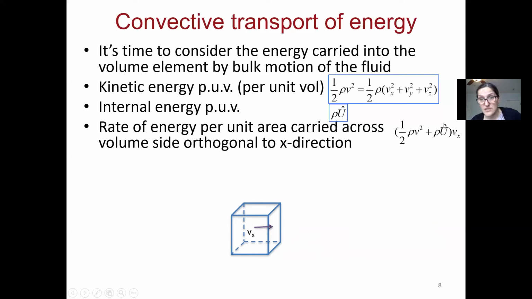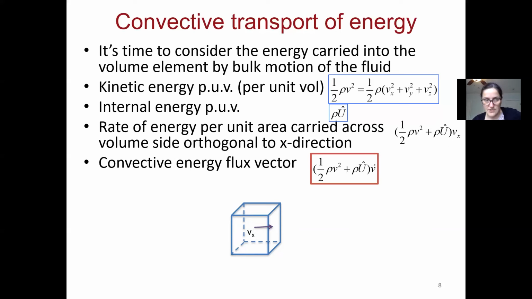So this is the total energy carried by the unit of fluid, and it's carried at the rate Vx. It comes in through this side, and of course leaves on the other end. We will have to multiply by area to get the total coming in and out of this volume unit. This is just an example in the X direction, and of course this has to be repeated in all of the directions.